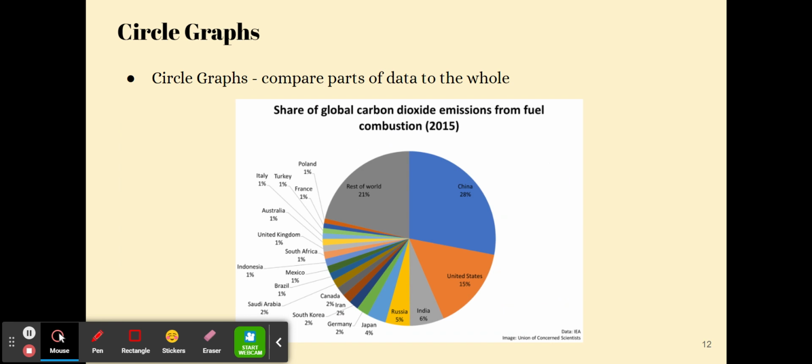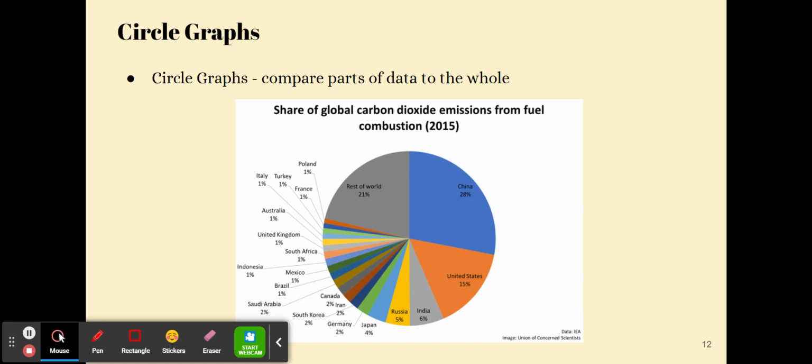This is a circle graph. So a circle graph is used when you want to compare parts to a whole. So if I was looking at a country's money, so Canada, the country of Canada, and their budget, and I want to look at how they spend their budget, I might use a circle graph because I'm looking at how each piece relates to the whole. I have all my money. Where does the money go?